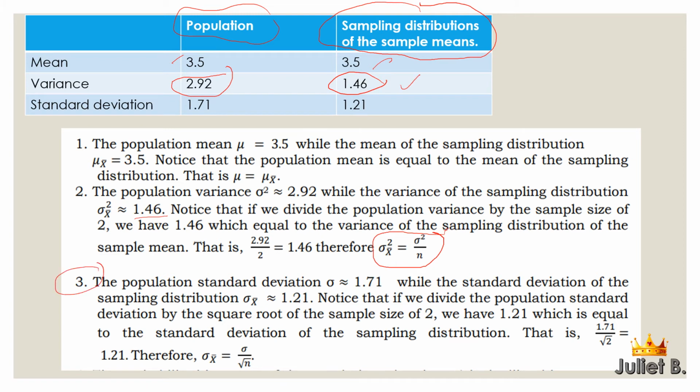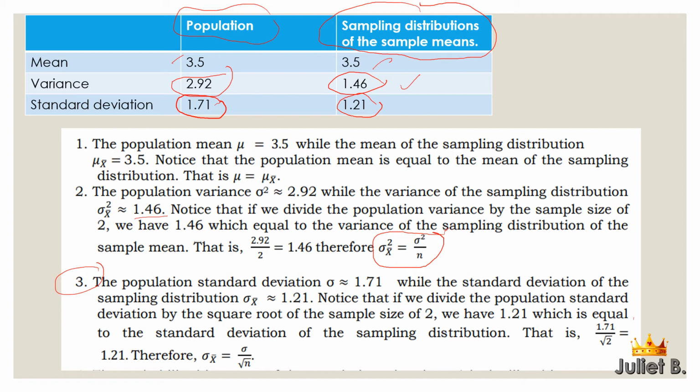Sa number 3, the population standard deviation is 1.71, while the standard deviation of the sampling distribution is 1.21. Notice that if we divide the population standard deviation by the square root of the sample size of 2, we have 1.21 which is equal to the standard deviation of the sampling distribution.